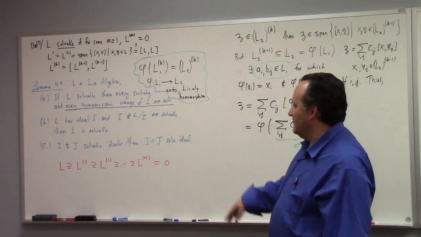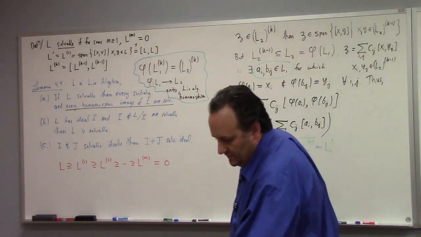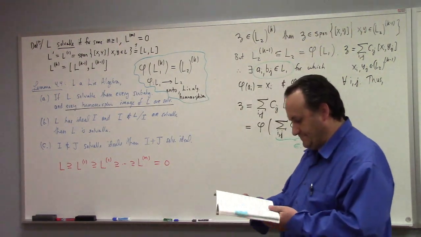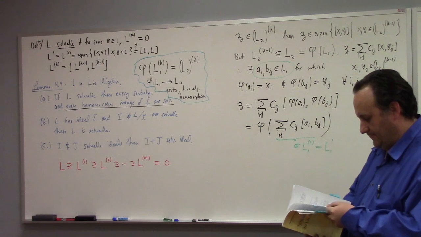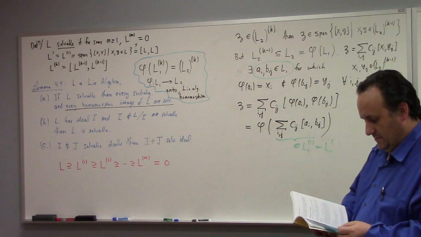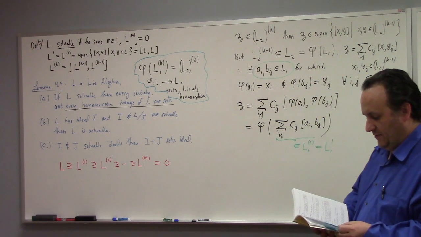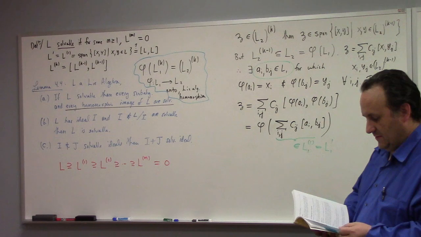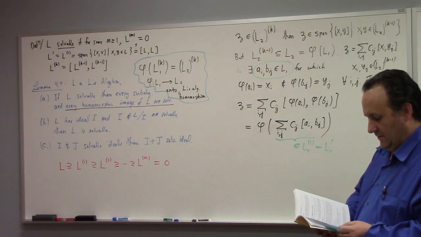Anyway, so that's part A. Let me look at part B here, see if I want to get into it. No, I didn't have coffee, so I'm not going to try part B or C. But part B and C are, let's see here.